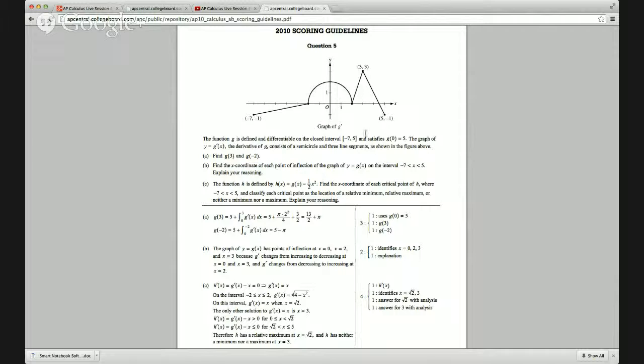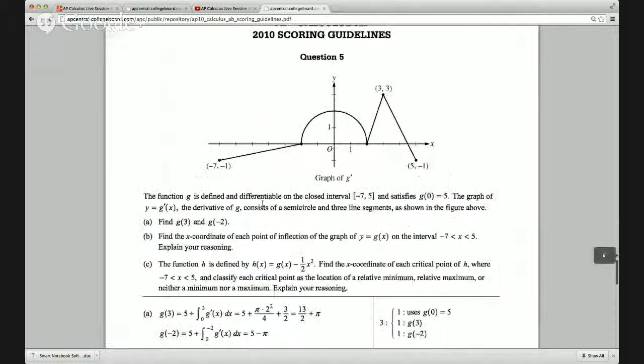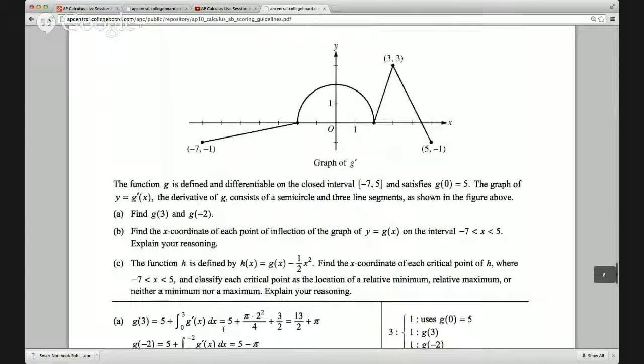So to find the function itself, we need to take the antiderivative. If we just did this part, what we'll be finding is the area under the curve from 0 to 3, the accumulation, how far it's gone from 0 to 3, but we need to add it to the starting point to find our current position on g.